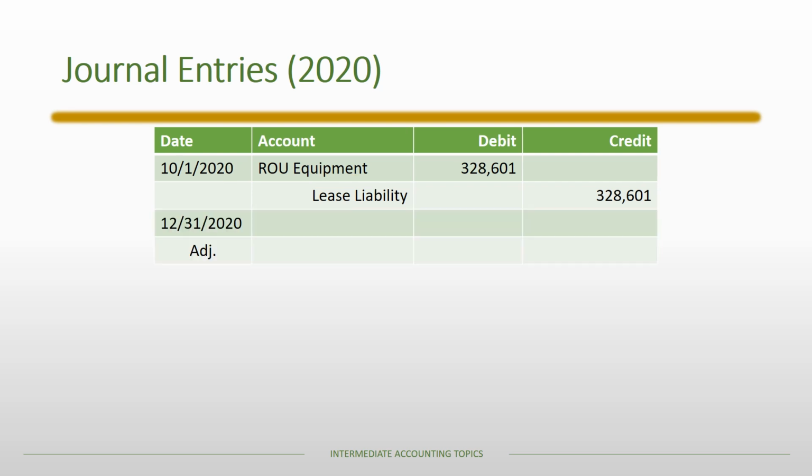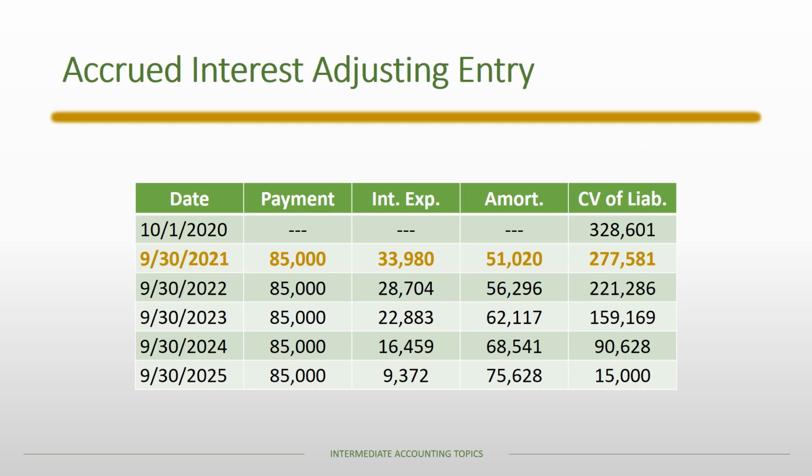The next journal entries that we'll have to consider are any adjusting entries at the fiscal year end, and there are two. The first one is accruing interest as an adjusting entry. The 12/31/2020 fiscal year end lies between October 1st, 2020 and September 30th, 2021, so we're at the second line of our amortization table.